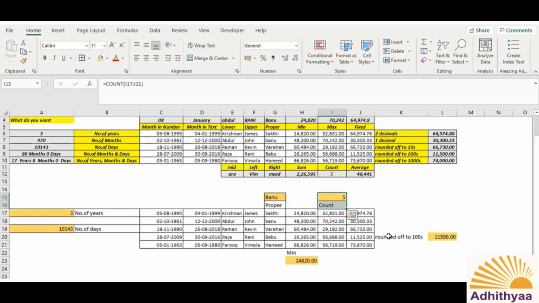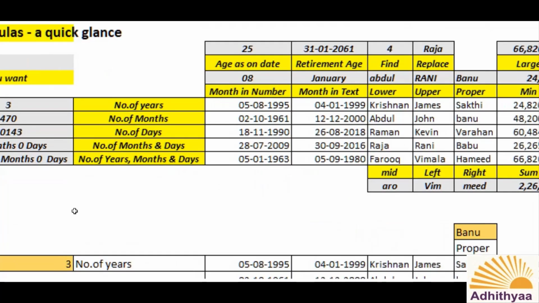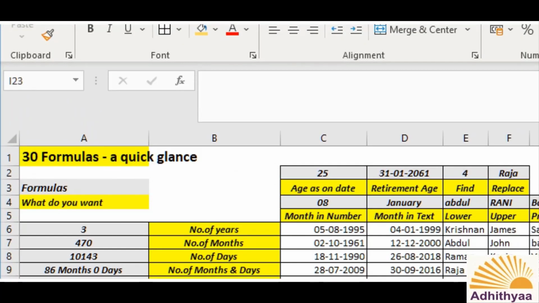Okay, now I'm going to complete the sample exercise. If you look at it, I have done 6 samples out of the 30 samples that I have committed.